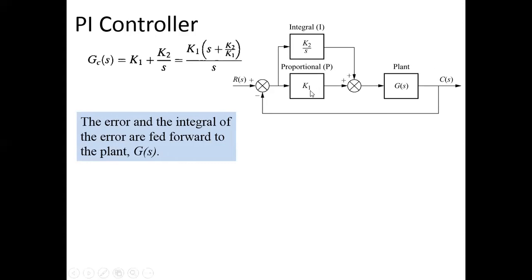The proportional gain is changed to vary the transient response. If we want a faster transient response, we will increase the value of this proportional gain. If we want to reduce the steady state error, we will change the value of the integral gain.